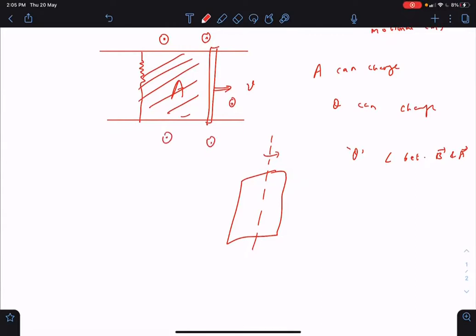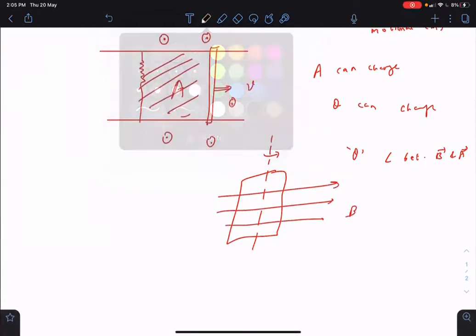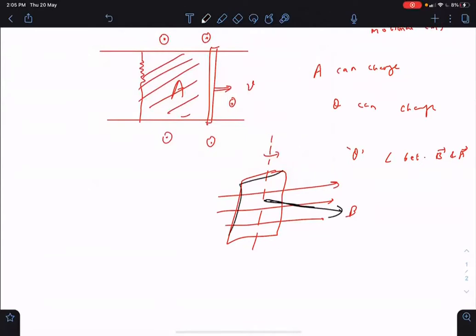And in this case, the B vector will be given in a particular direction, and the area vector direction will keep changing because of rotation, the area vector being perpendicular to the surface. So the angle will keep changing, because of which there is a motional EMF.